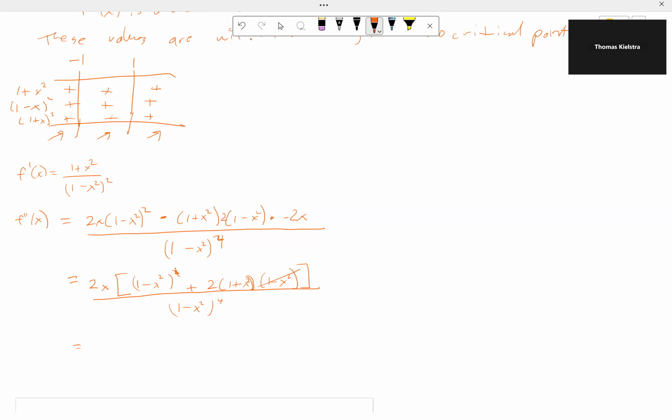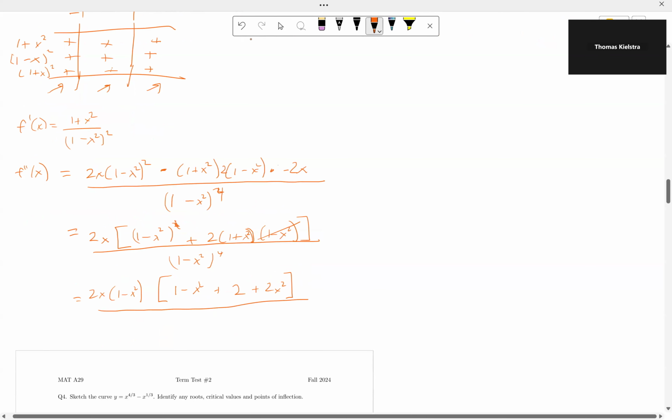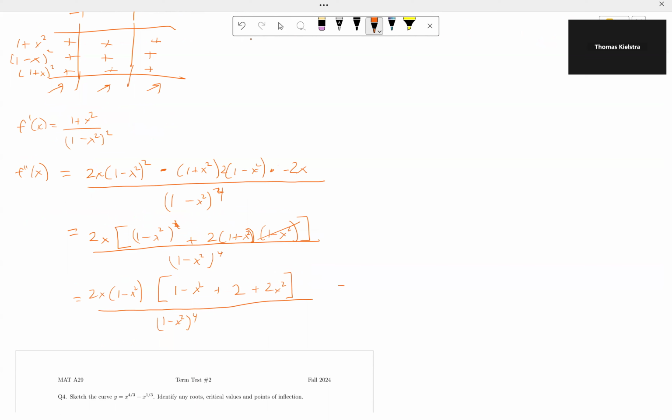So this equals 2x times (1 minus x squared plus 2 plus 2x squared) all over (1 minus x squared) to the 4, which equals 2x times (3 plus x squared) over (1 minus x squared) to the 3.